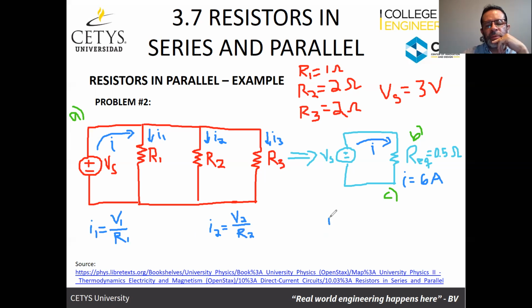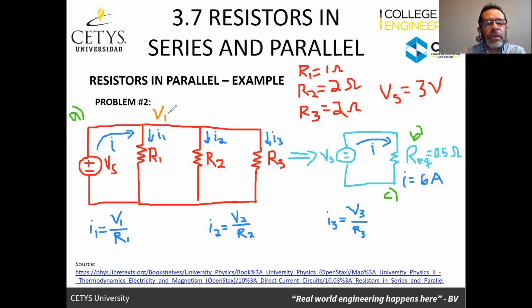This is just applying Ohm's law. And the current in resistor 3 is going to be equal to the voltage in resistor 3 divided by resistor 3. However, we know that these 3 voltages are the same.